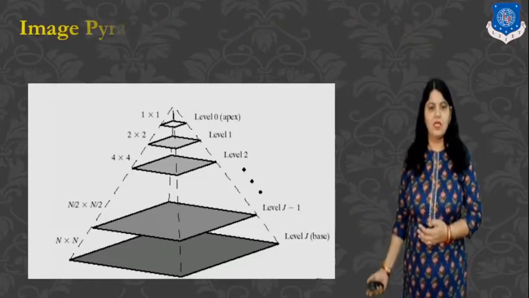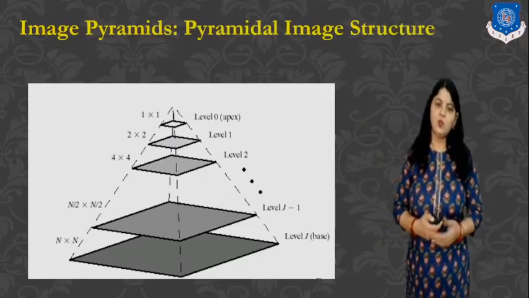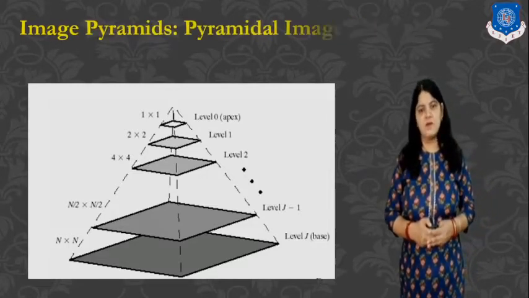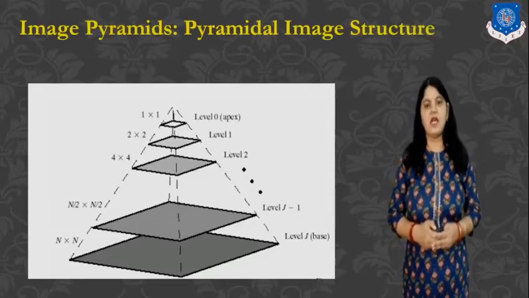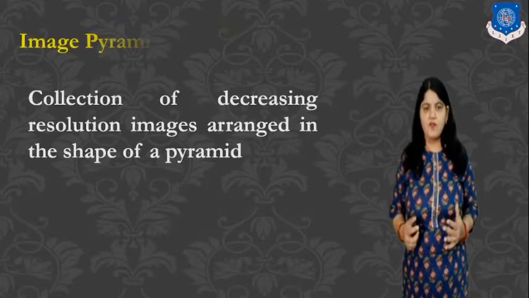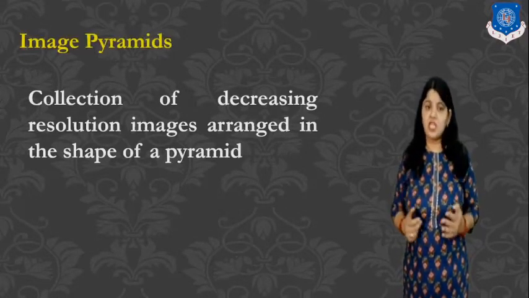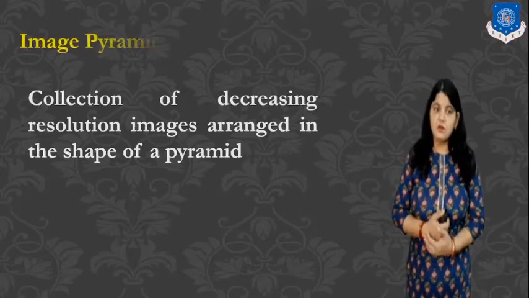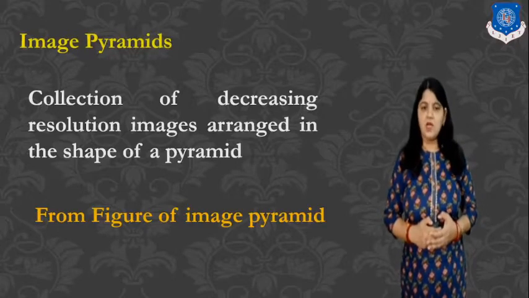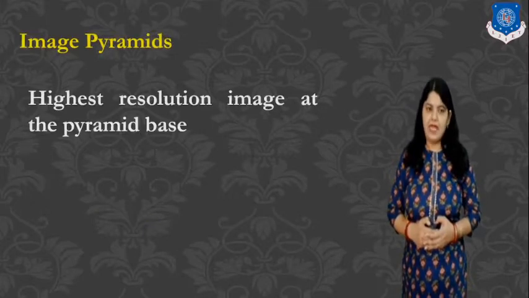The final level is level J, and it starts from level 0, to level 1, level 2, level J minus 1, to level J. Each image has a different resolution. The collection of decreasing resolution images is arranged in the shape of a pyramid, as we can see from the pyramid diagram.